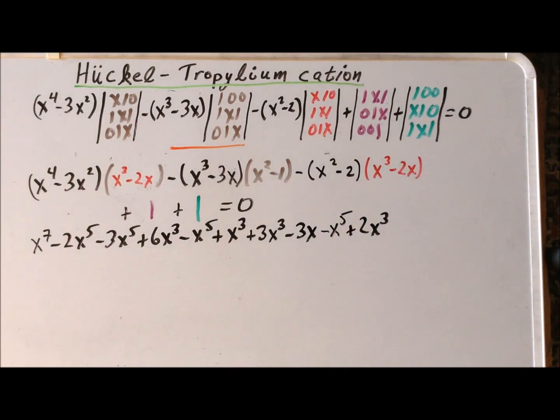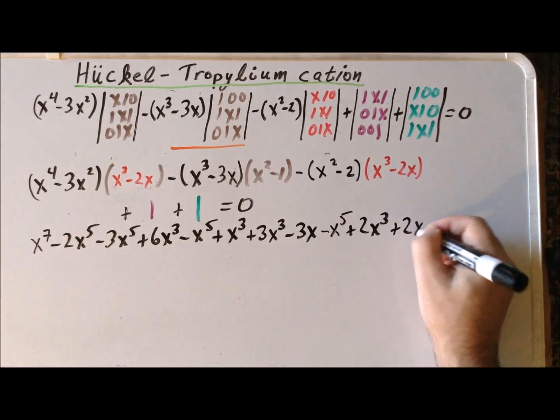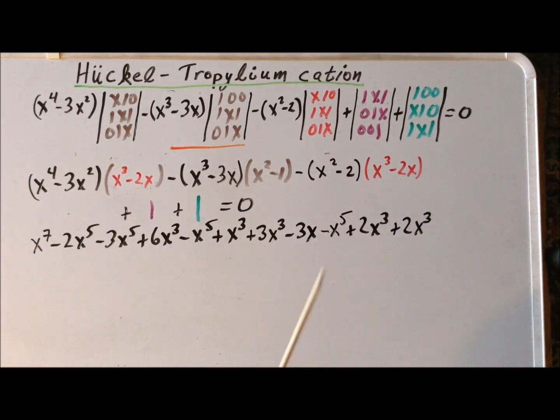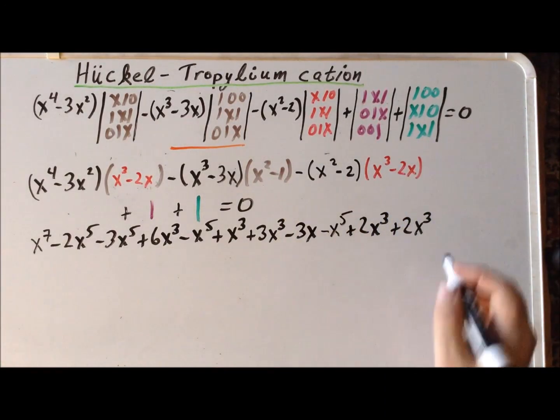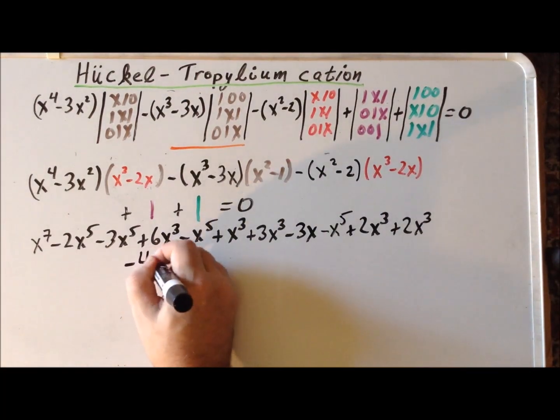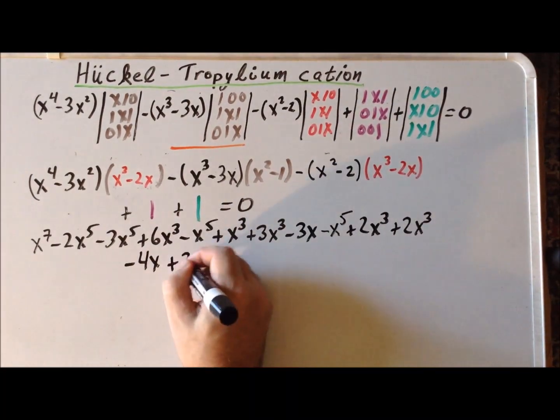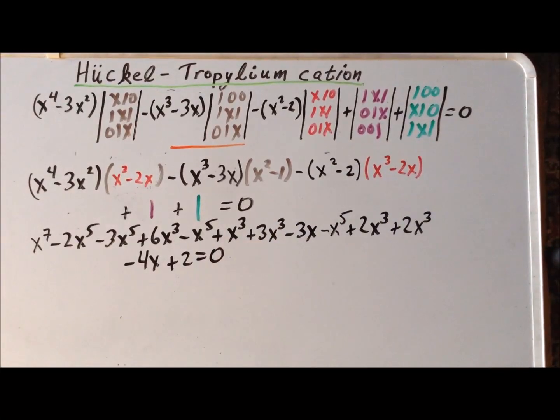Minus 2 times x cubed is minus 2x cubed. That makes it plus 2x cubed. And then we have minus 2 times minus 2x gives us plus 4x, but with the minus sign gives us minus 4x, which is right down here. And then we have plus 2 is equal to 0.